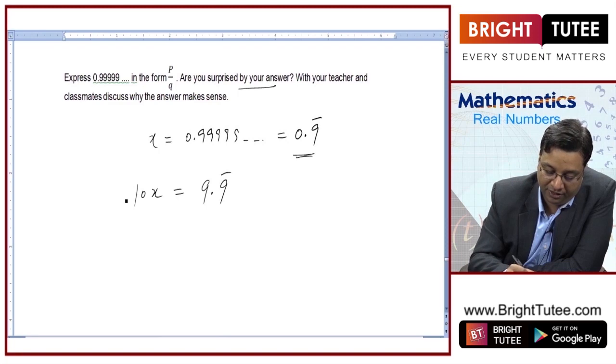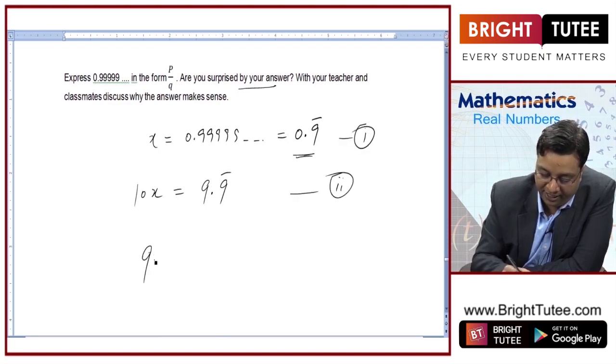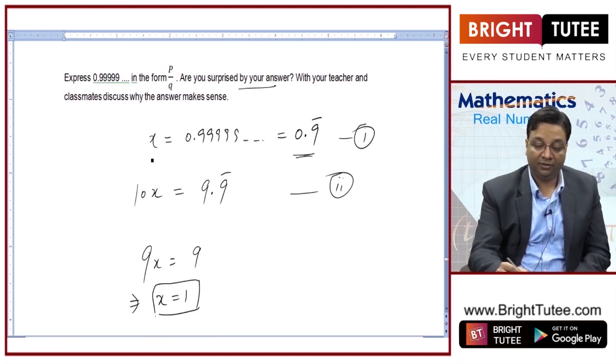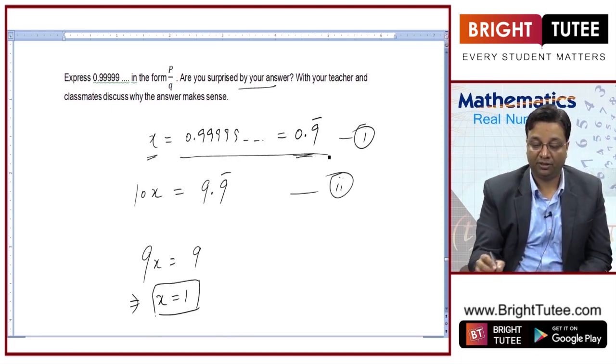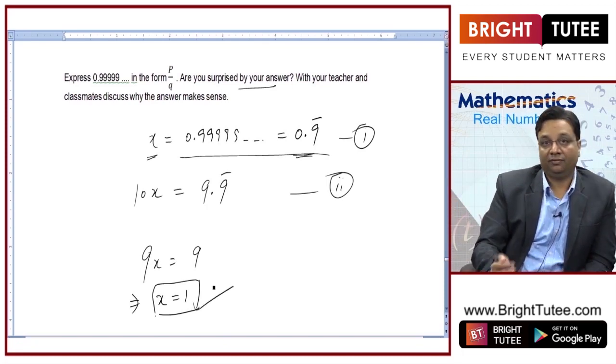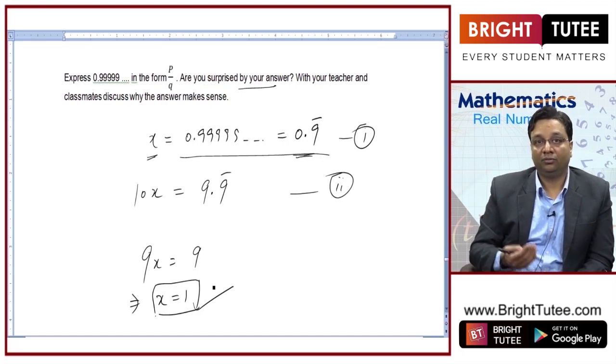Now if I subtract 1 from 2, I'll have 9x on the left hand side, and on the right hand side I'll have 9. So x is equal to 1. We started with the assumption that x is equal to this number, which is 0.999999 and so on, but when we wrote it in p by q form, it is just 1, right?